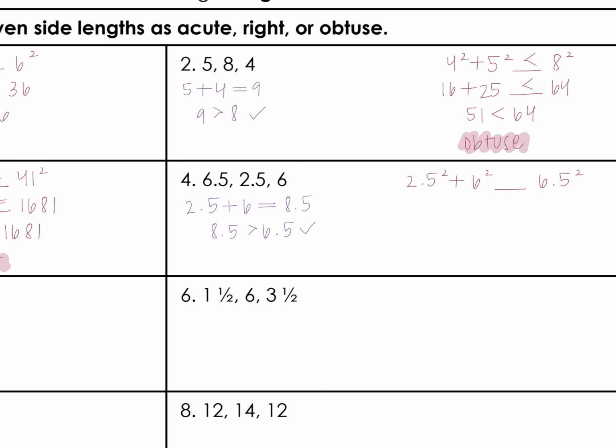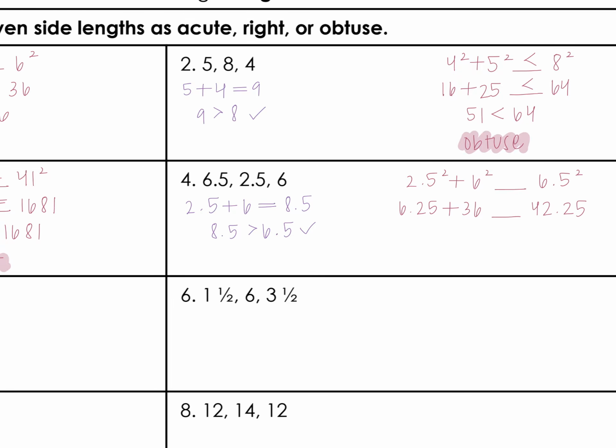So 2.5 squared is going to give me 6.25, plus 6 squared gives me 36. And then 6.5 squared is going to give me 42.25.